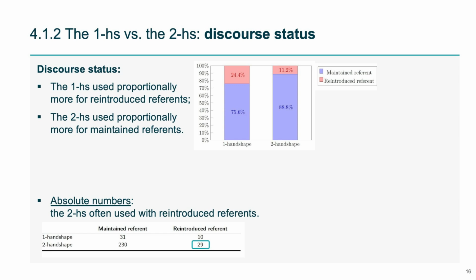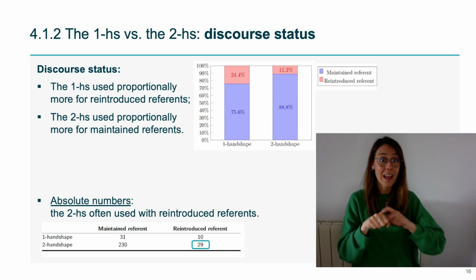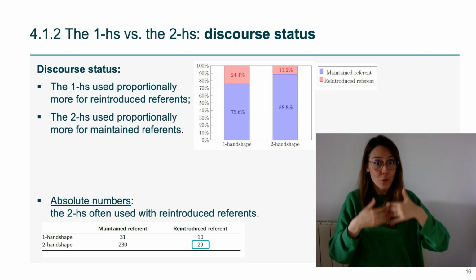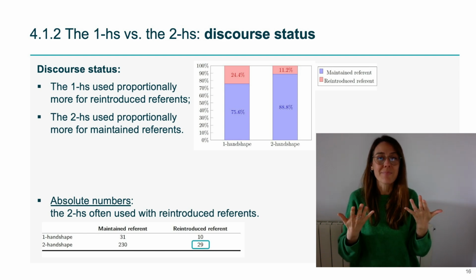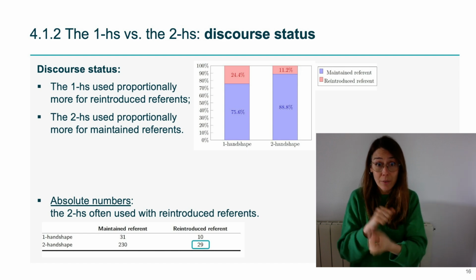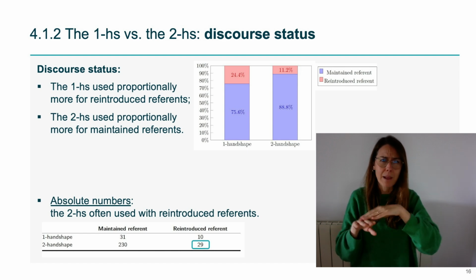Another factor that was statistically significant in the choice of the one handshape and the two handshape was the discourse status of the referent that the classifier construction was expressing.